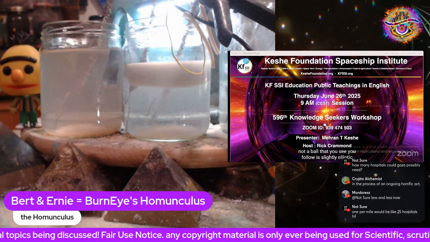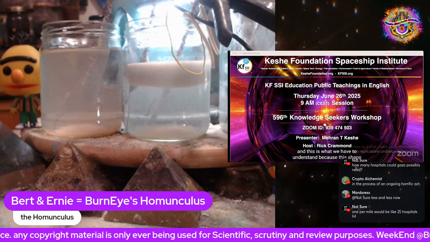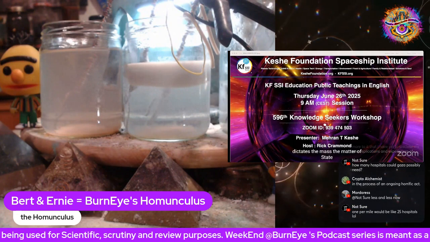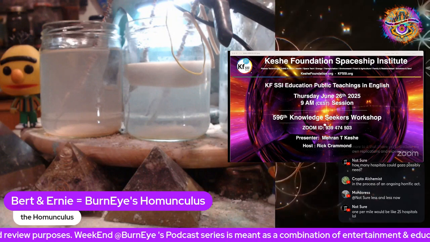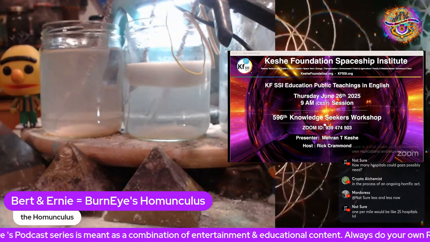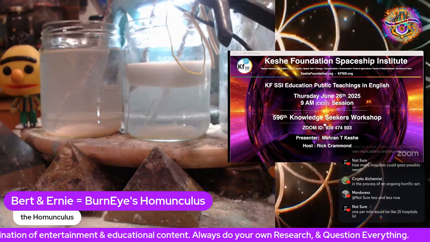It's slightly elliptic. And this is what we have to understand, because this shape dictates the mass, the matter state. And this is part of the understanding of transmutation. You cannot transmute with the same mass from one universe into another. It's impossible.